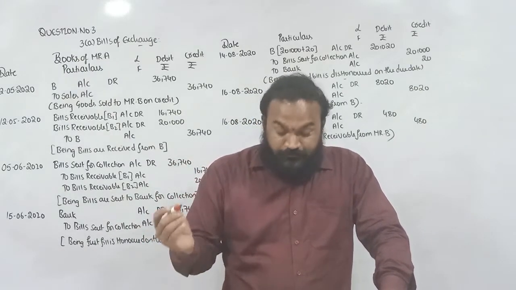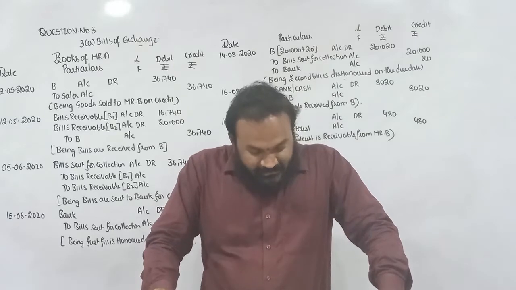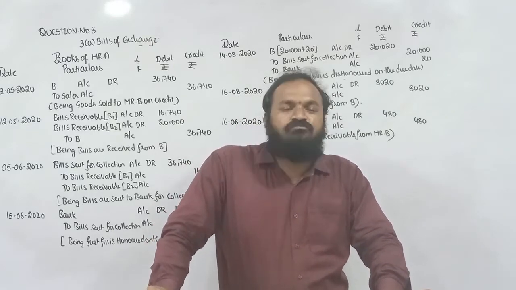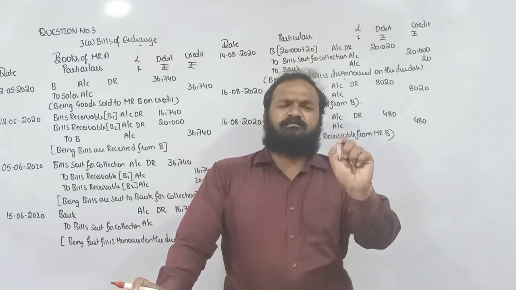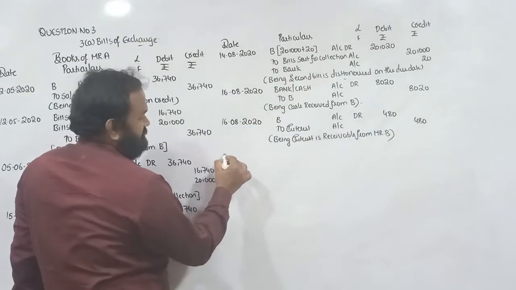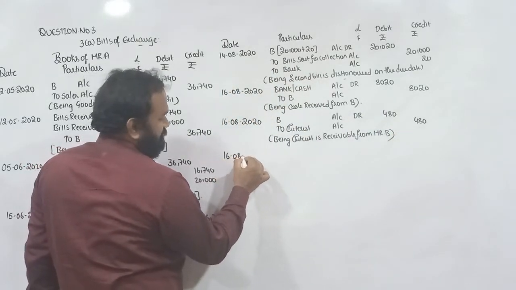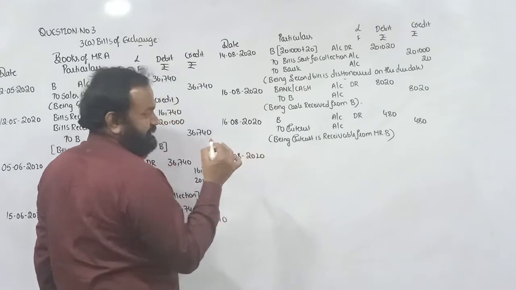For that 12,480, A draws a new bill on B and B will accept it on the same date, 16th August 2020.